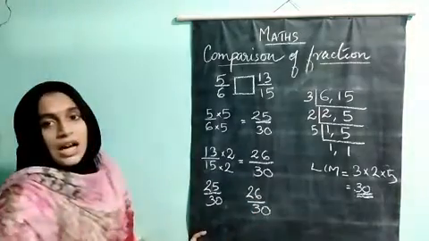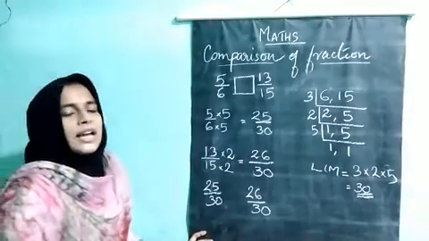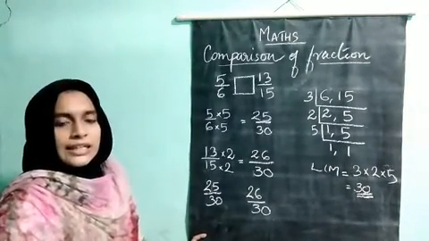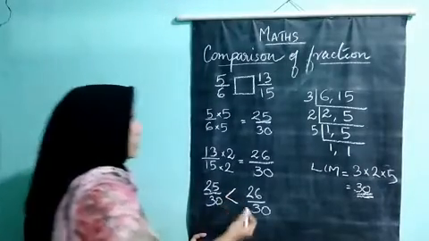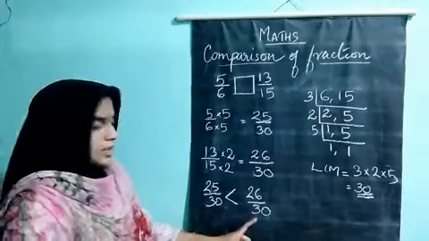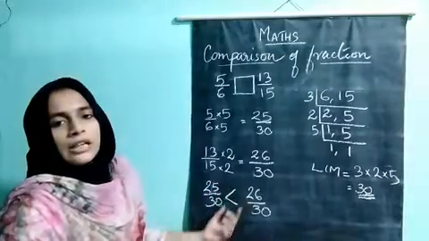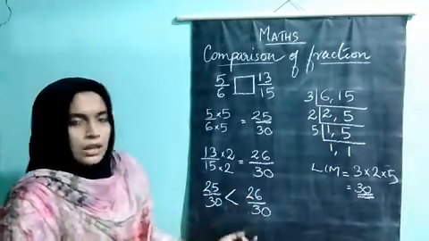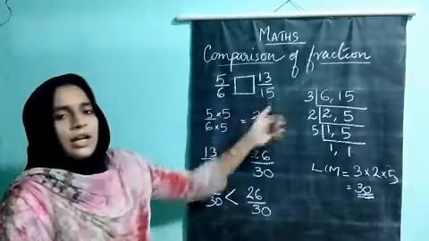Now the fractions are like fractions. We can easily compare the fractions and we can write which is greater and which is smaller. So the greater number is 26 by 30. But our question is not 25 by 30 and 26 by 30. Our question is 5 by 6 and 13 by 15.